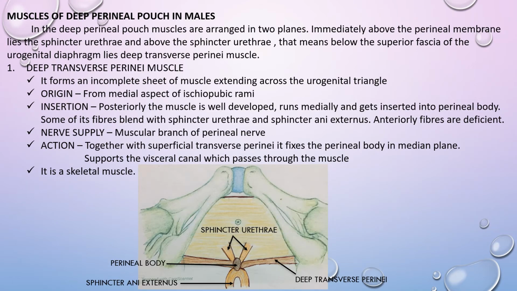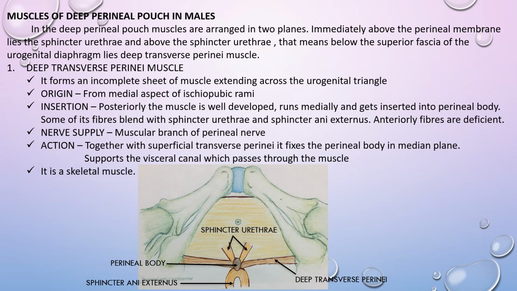Now we are going to see the muscles of the deep perineal pouch. We are going to see the muscles of the deep perineal pouch in females and males separately. First, we take up the muscles of the deep perineal pouch in males. In the deep perineal pouch, the muscles are arranged in 2 planes.